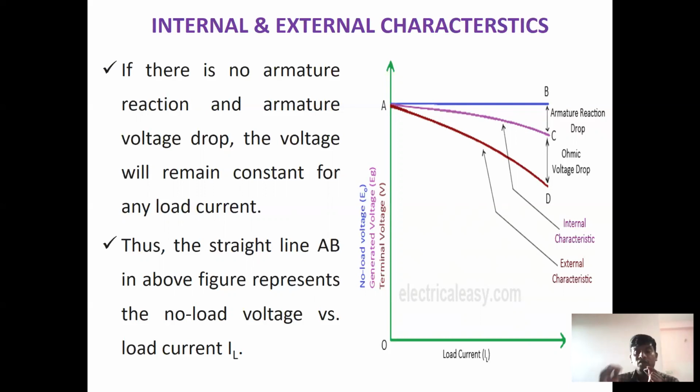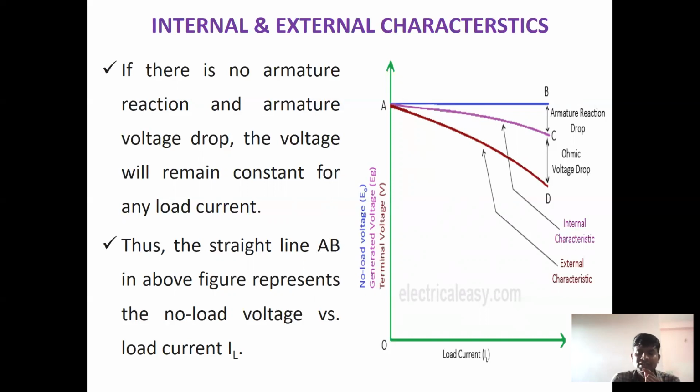Then when we connect the load, and when the induced EMF is developed in the armature, there is some armature reaction. That means the main pole flux acts on the field pole flux, that is, the main MMF versus the field MMF, so there are some variations.